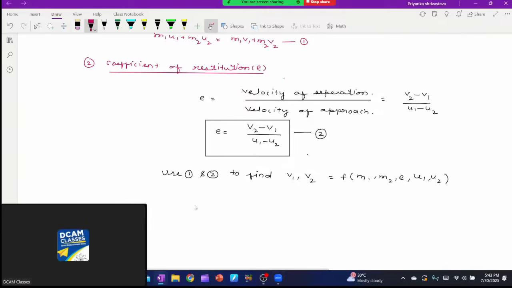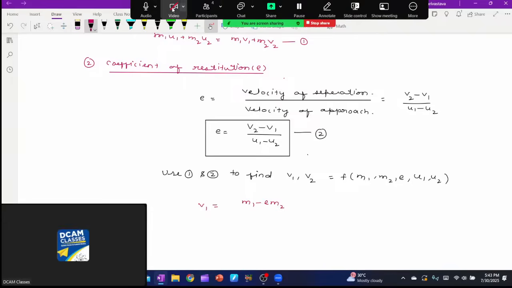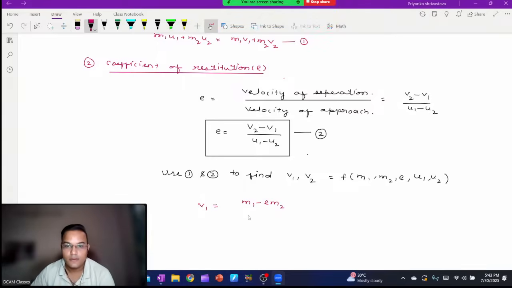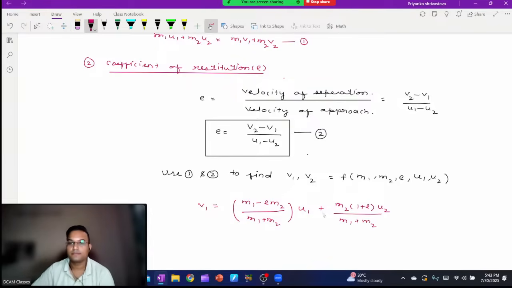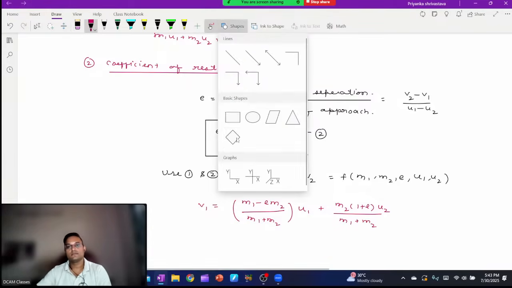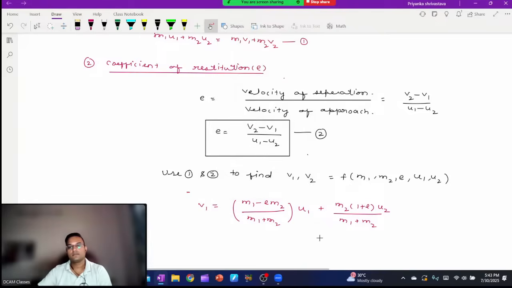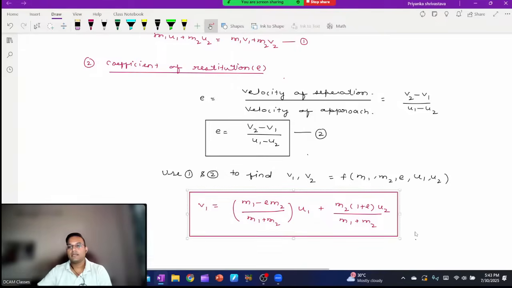See, like this. V1 will be equal to M1 minus E M2 by M1 plus M2 into U1 plus M2 into 1 plus E into U2 by M1 plus M2. Similarly, get the result of V2.